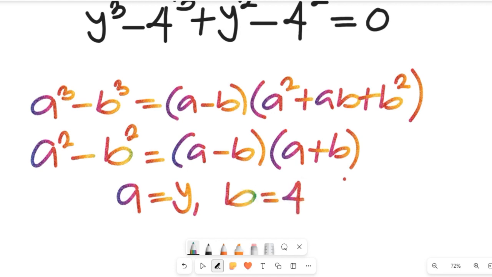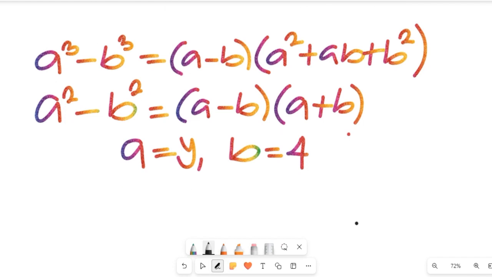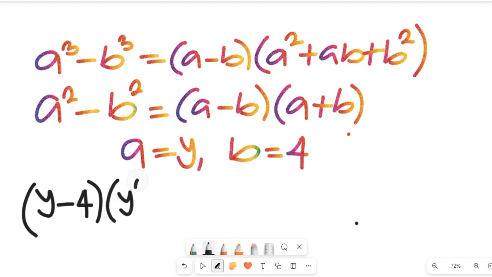Now let's substitute these two expressions into that polynomial expression. If we do that, the first part of that expression will have y minus 4, right? That's for a to the power of 3 minus b to the power of 3, and this will multiply y squared plus 4y plus 4 squared.